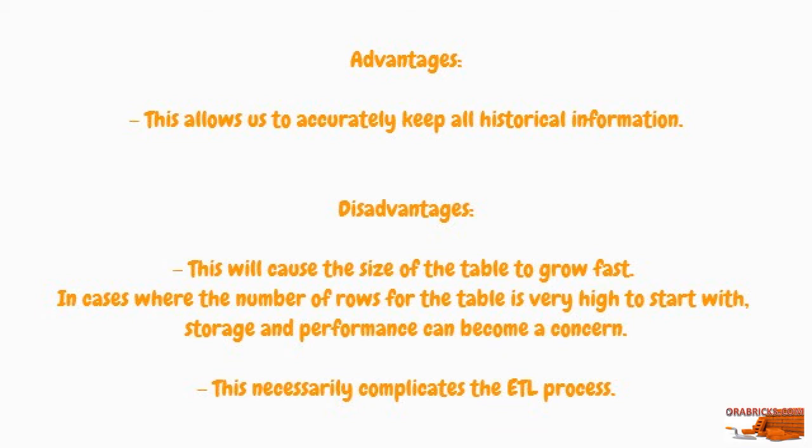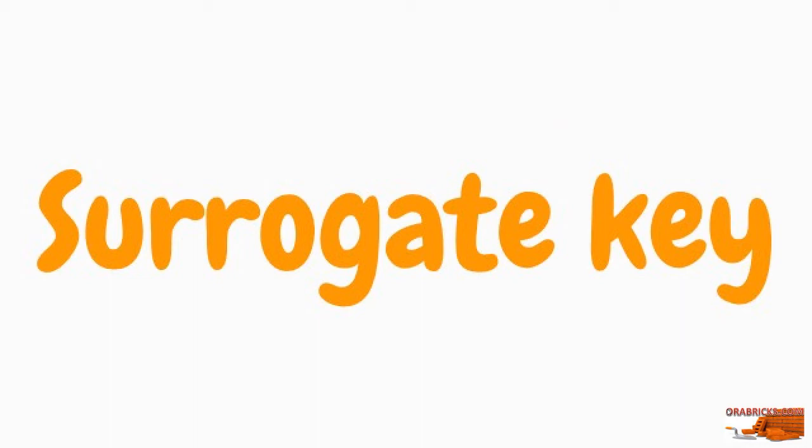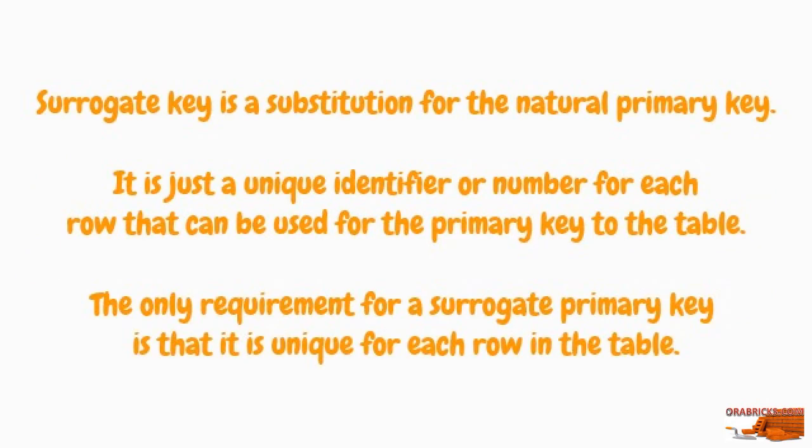Surrogate key. A surrogate key is the substitution of primary keys in your source system. Basically, in your dimension you will have an additional column called surrogate key, but you don't use your regular primary key as the primary key. You use a surrogate key as an intelligent key, rather than the actual natural key.